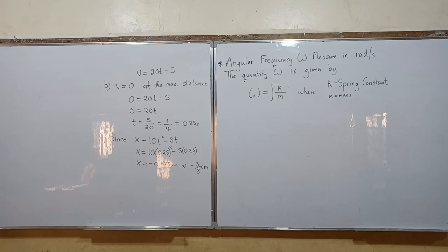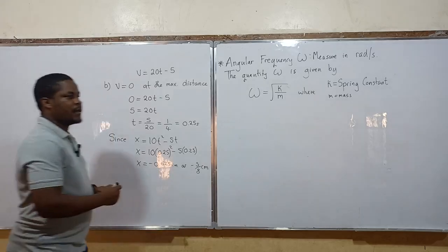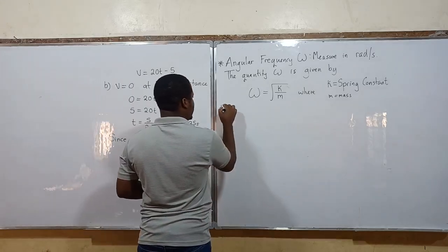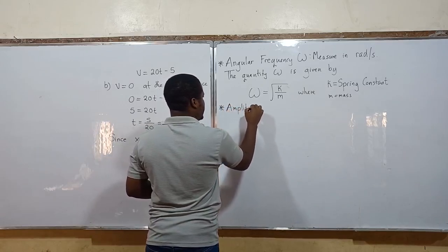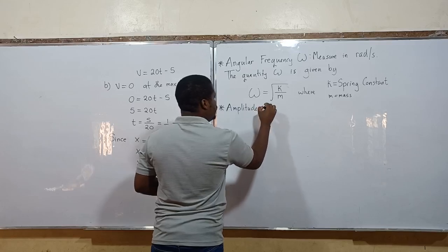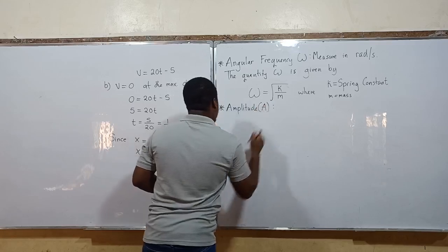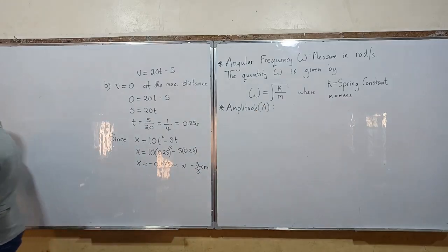The next term we're going to look at is amplitude. For amplitude, you use the symbol A, capital A. What does amplitude mean?